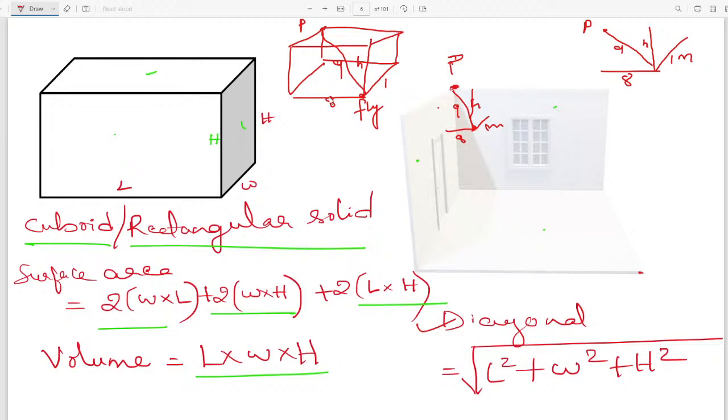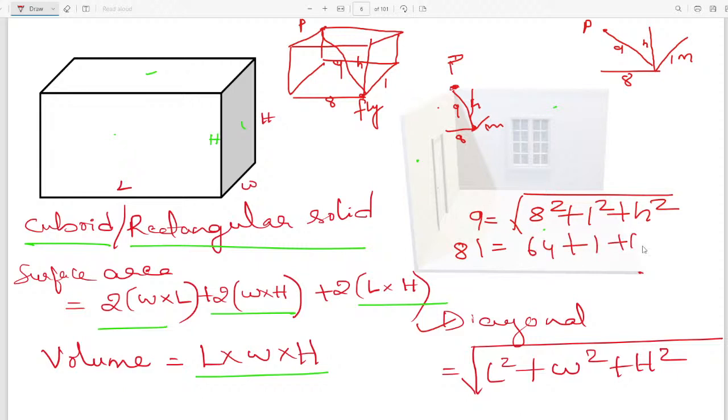So this 9 square, diagonal is 9 here. So 9 is equal to root of 8 square plus 1 square plus H square, and this is equal to 81. If I square both sides, 81 is equal to 64 plus 1 plus H square.